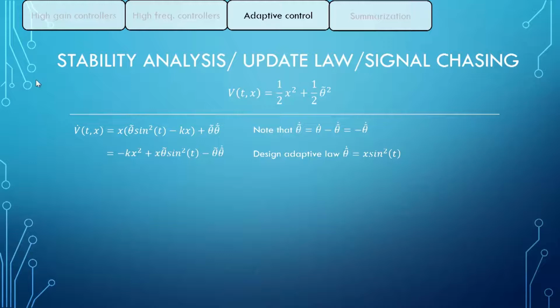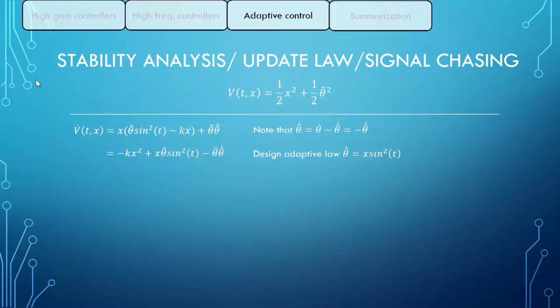So we expand this. Basically what we did is we just take the product, minus k squared x squared from here, and this term is from here. And in this term, we replace theta tilde dot by minus theta hat dot.